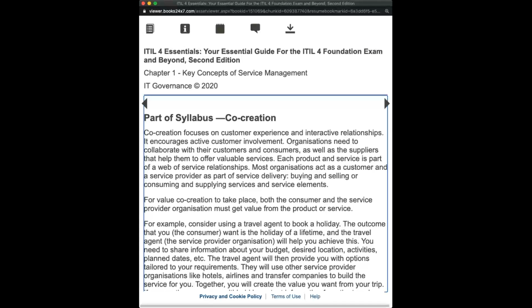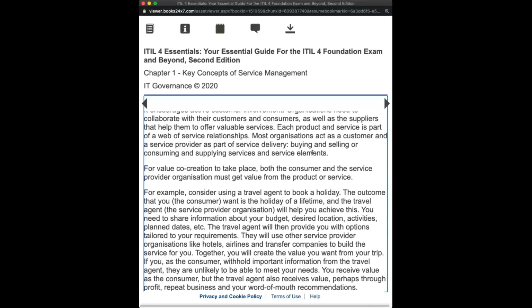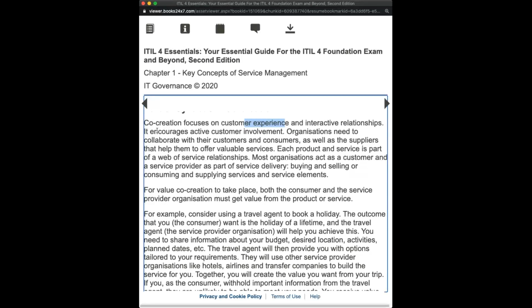Okay, co-creation focuses on customer experience and interactive relationship, right? So you want active customer involvement. Even in some games, like I really like the indie games or when they release alpha beta versions where they involve their customers, which are gamers, right?